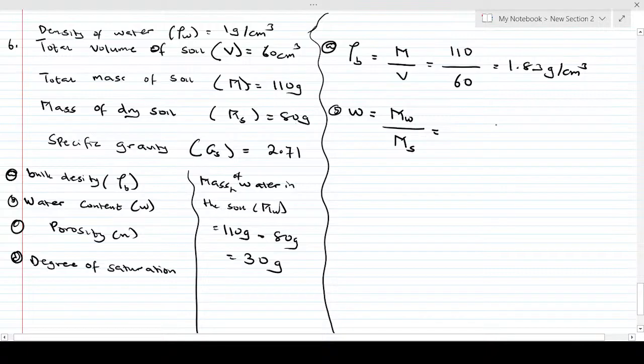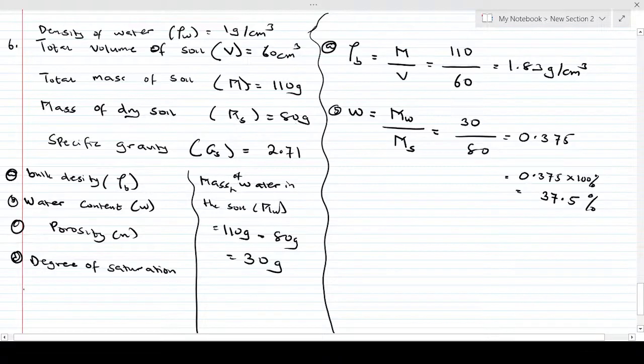What's the mass of the water? The mass of the water was simply 30, and the mass of the soil is 80. So what do we have? 0.375. And you know that the water content is usually expressed as a percentage, so we have 0.375 times 100%. Therefore, the water content in the soil is simply 37.5%.